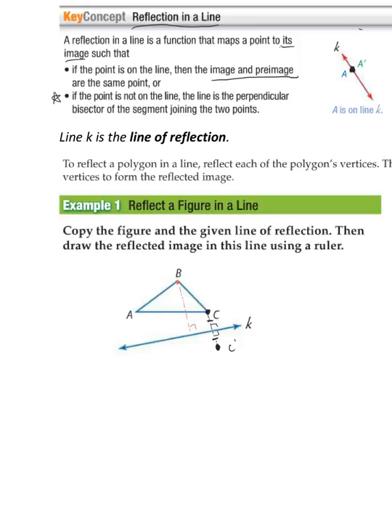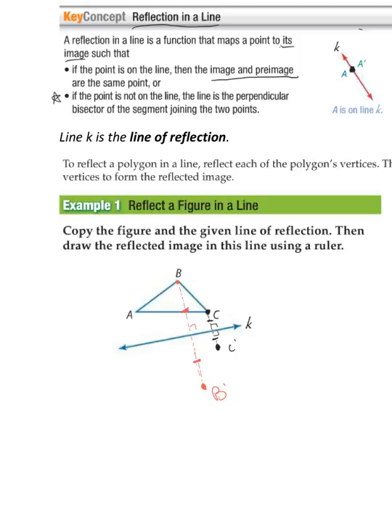So probably along that line, we would try to go to the other side and be about the same distance from it, where this segment would be congruent to that segment. And that would be our point B prime, the reflection of B in line K.